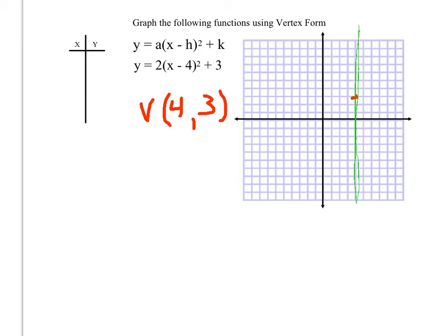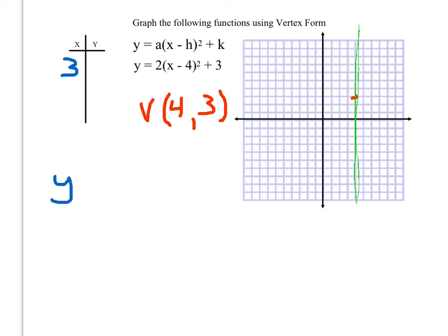So now just pick whatever x coordinates you would like and see what it gets you. I think one of the points that I would pick here would be either 5 or 3, because it's very close to that line. So we'll go ahead and pick 3 to plug in for x.